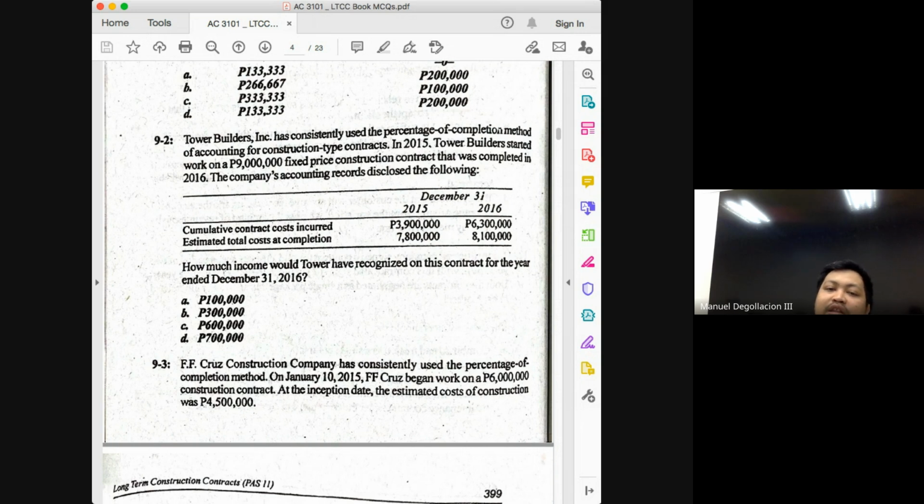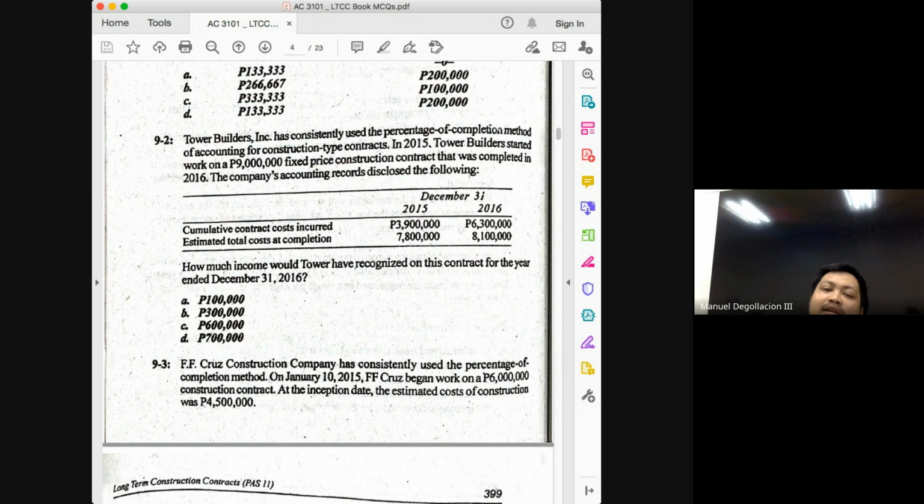So, cumulative this year is 700. Cumulative last year is 600. How much additional revenue are we going to recognize? In this problem? So our answer here would be 100,000.